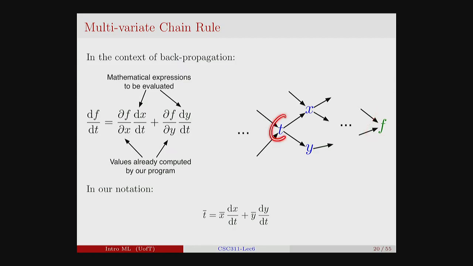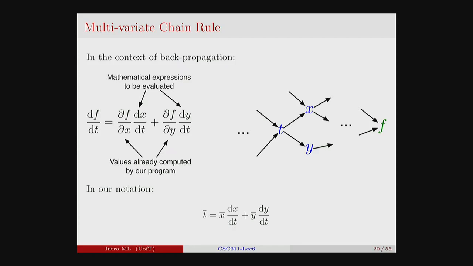Because what the multivariate chain rule tells us is that if you care about differentiating some function with respect to t, the only thing you need to worry about is how that function influences x and how that function influences y. Once you have those two key properties, you simply multiply them by how x changes as a function of t and how y changes as a function of t, and apply the multivariate chain rule in order to get the derivative with respect to t.